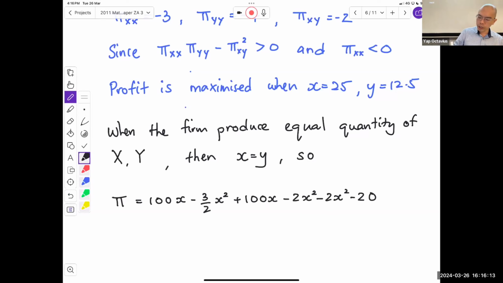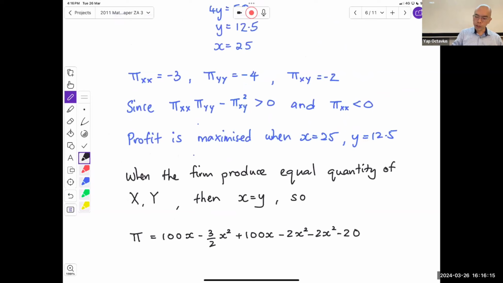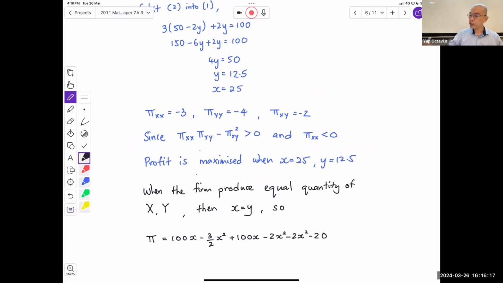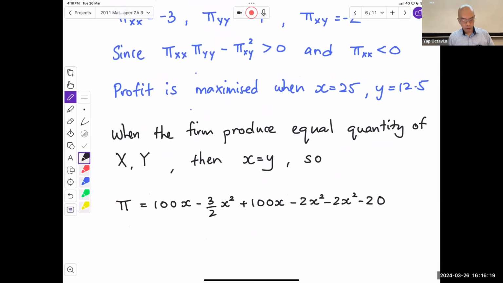So this is changing all the original. Wait, okay, I don't have the original. Now this term was originally Y. This term was, I think, 2xy. Then this term was Y square. So now I change it all to X.